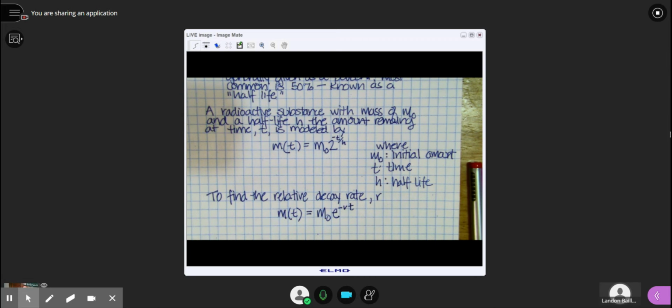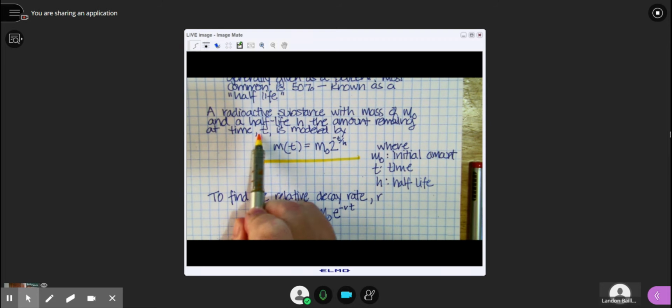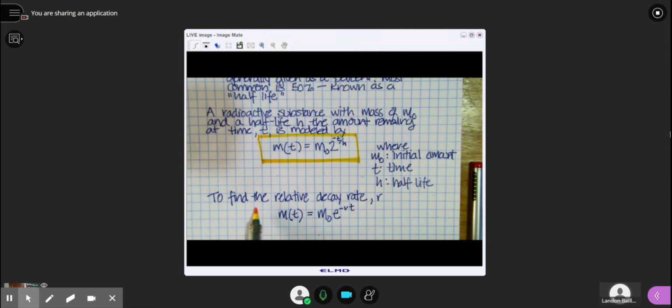So just like our growth rate, remember our growth rate was n sub 0 e to the rt. Now, because this is decay, it's not a positive rt, it's a negative rt. Okay? So these are essentially the two formulas that we use. For the half-life, if we're given a half-life, we'd use this one. And if we're given a relative decay rate, we use this one.